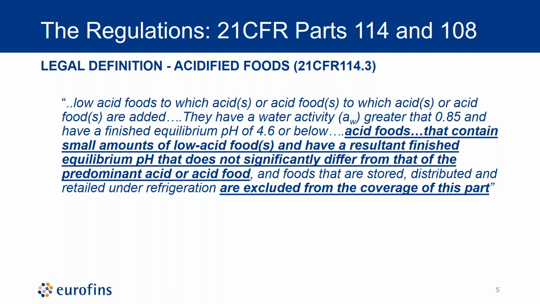One of the key issues with the definition, and the subject of much confusion in terms of the classification of these products, is the following statement. Acid foods that contain small amounts of low acid foods and have a resultant finished equilibrium pH that does not significantly differ from that of the predominant acid or acid food are excluded from this part.